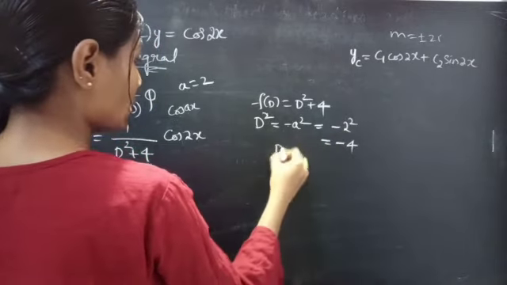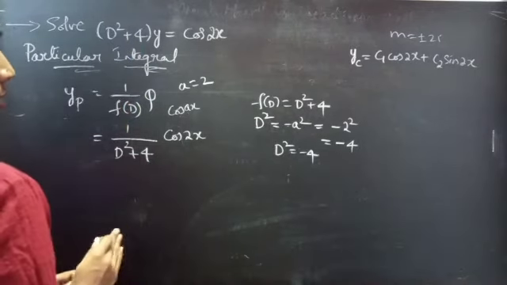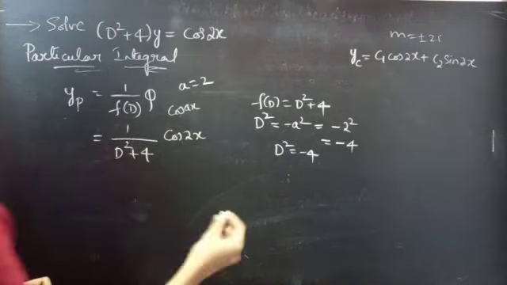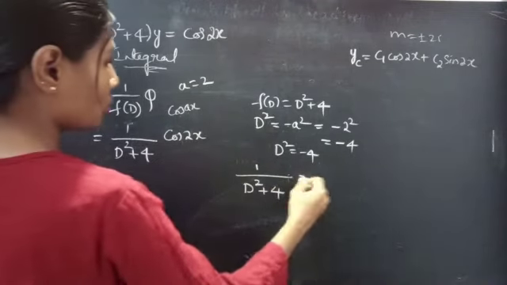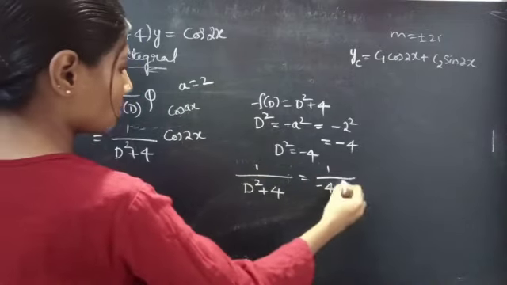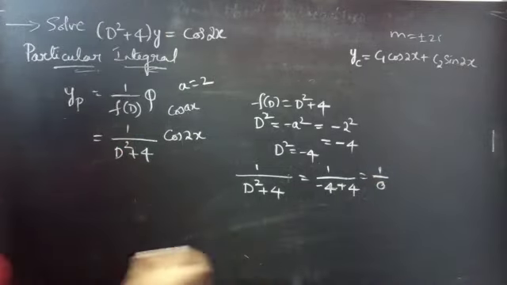That means D square equals minus 4. So what happens if we replace D square by minus 4? 1 by D square plus 4 equals 1 by minus 4 plus 4, which is 1 by 0, which is undefined, right?